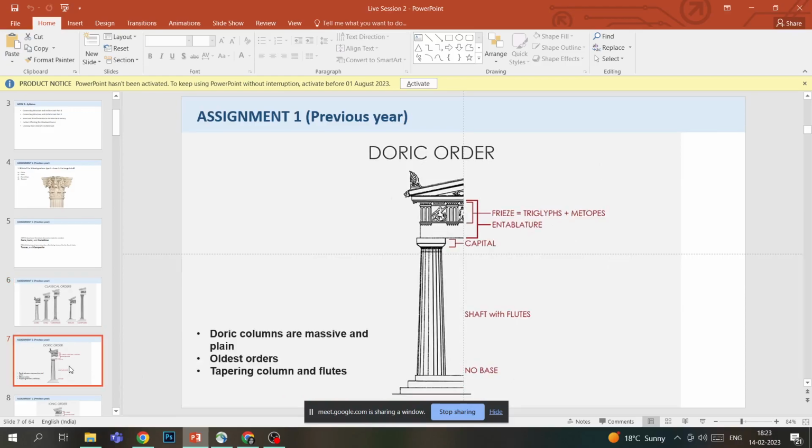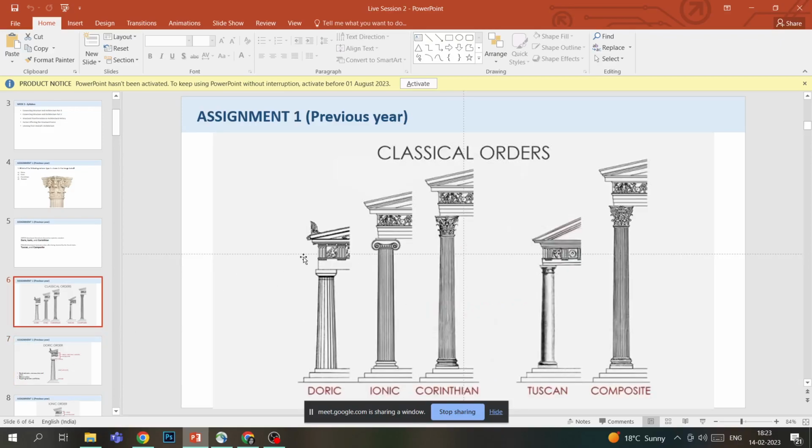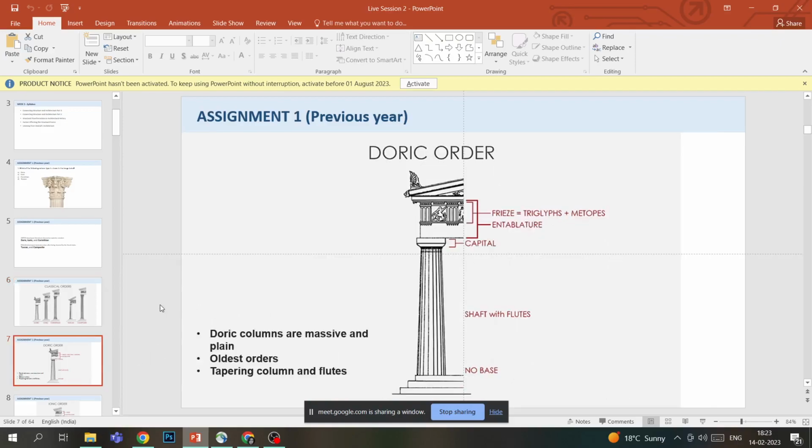Another property of Doric is that it is very plain, not very decorative. If you see the other columns, the capital of Doric is very plain as compared to Ionic and Corinthian, which have more decorative capitals. Also, the Doric columns are tapering, which means their size reduces as they go to the top.